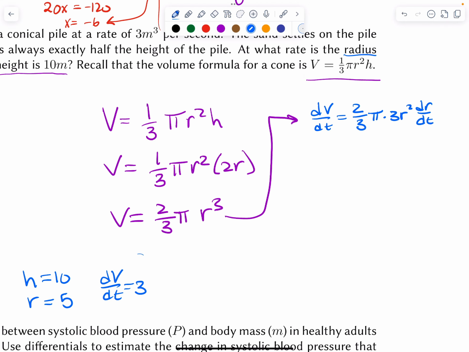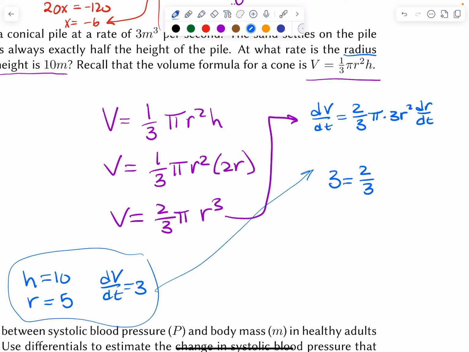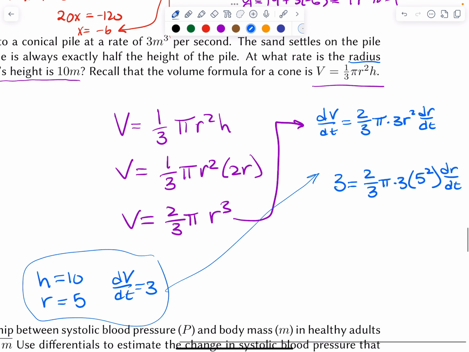Okay, let's plug in what we know. So 3 is equal to 2/3 pi times 3 times 5 squared times dr over dt. And that means that dr over dt, let me clean things up before, I know you guys don't like it when I do algebra too quickly. So this is going to be 50 pi, I think.